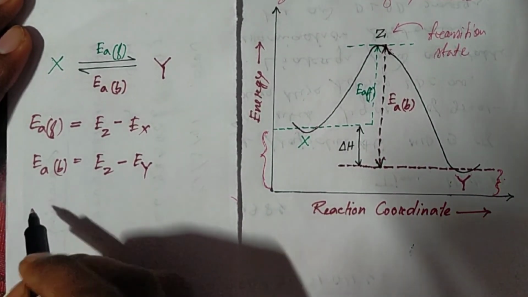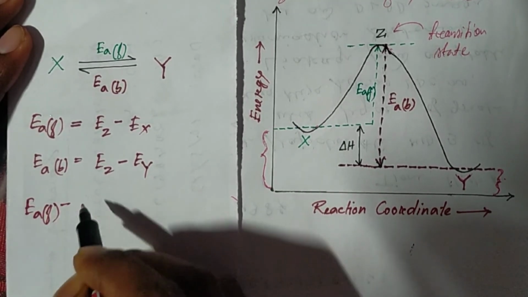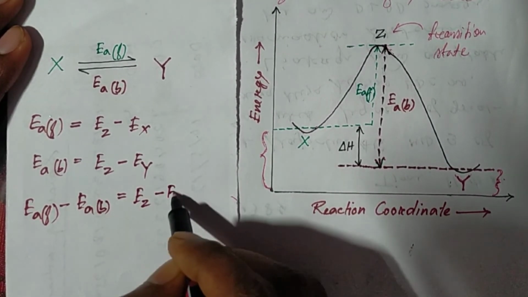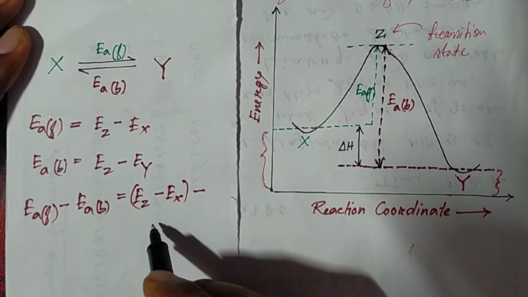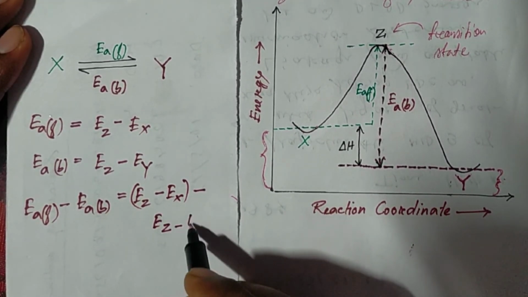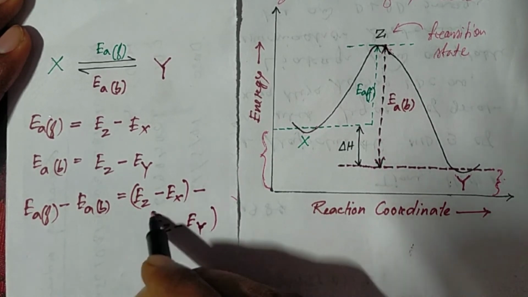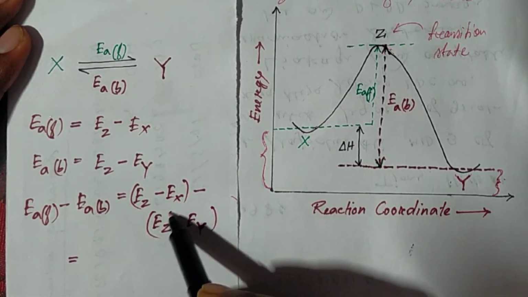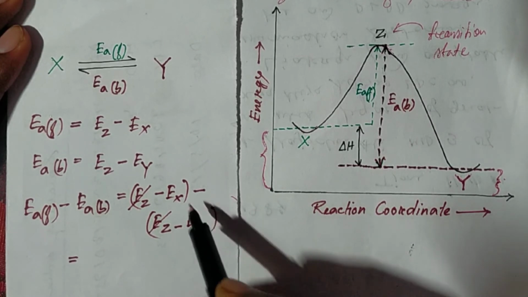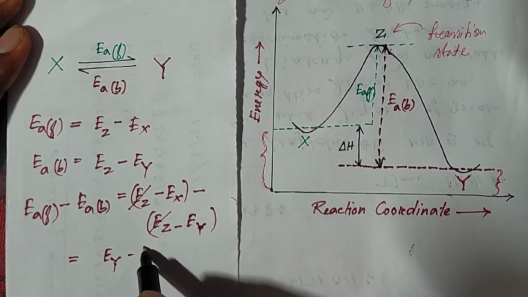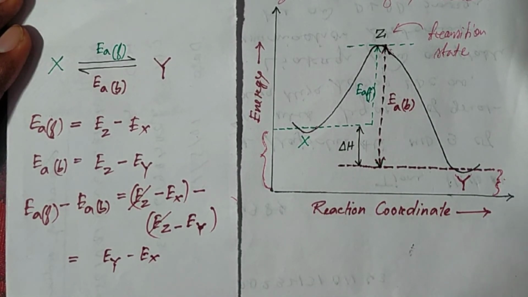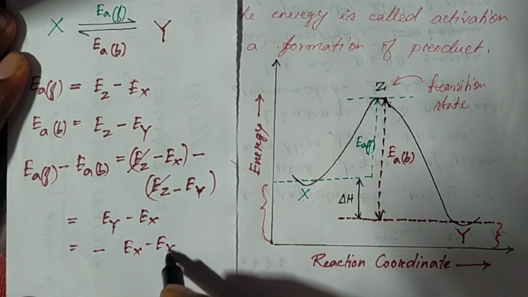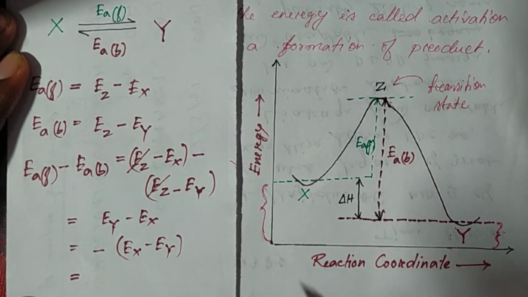Next, EAF minus EAB. EZ minus EX minus EZ minus EY, and EZ will cancel out, and it will be EY minus EX, or we can write minus EX plus EY.